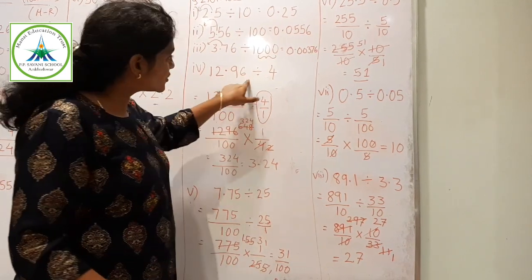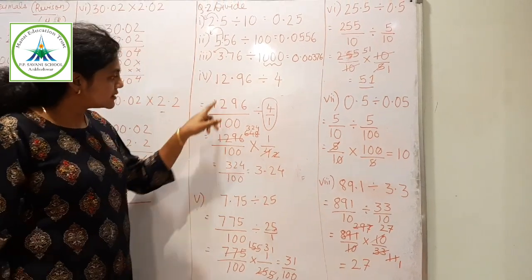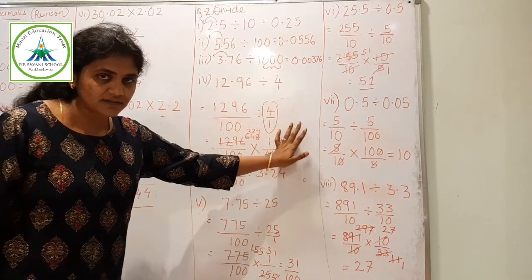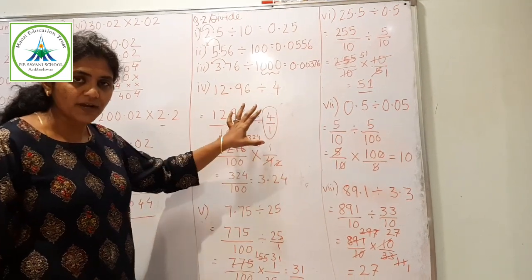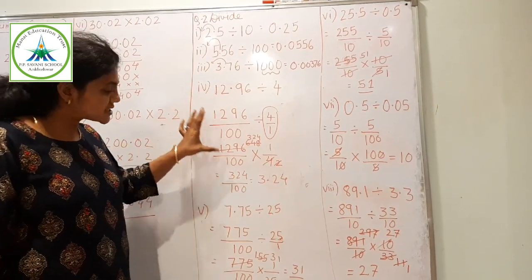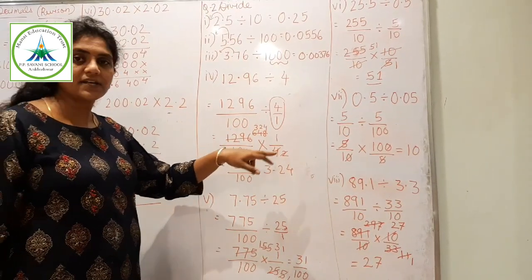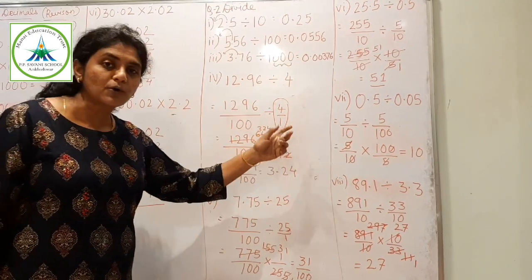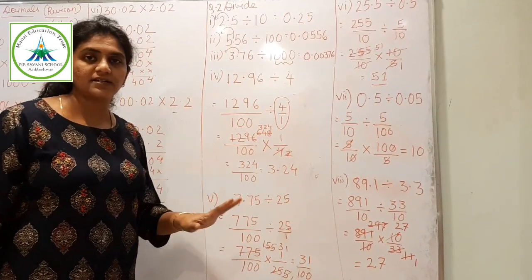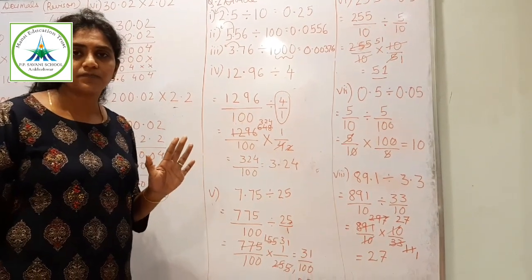And when you are dividing two decimal numbers, remove the point, represent as fractions. The first fraction will remain as it is, division will be replaced by multiplication, and you have to take the reciprocal of the second fraction. Reduce it. This is your answer.